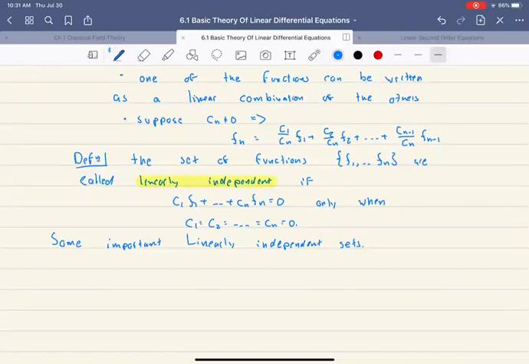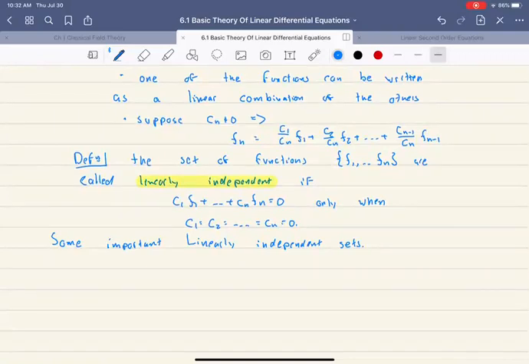So the importance of linearly independent sets is that linearly independent sets allow us to write any other function sort of as a linear combination of them. We use linearly independent sets to express our solutions as a sum of these linearly independent functions, okay?